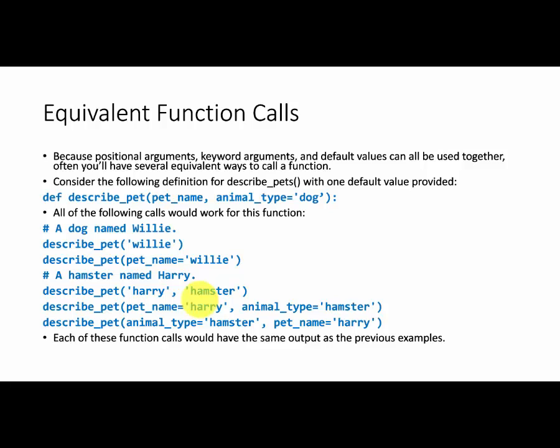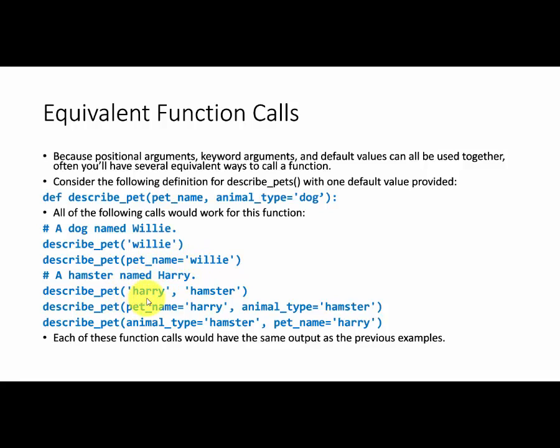Positional arguments, keyword arguments, and the default values can all be used together frequently, so that you can have several ways to call a function. So these are the different ways you can call. This is the first, default values you are giving here. The second way of calling the function is passing the argument with key and value.